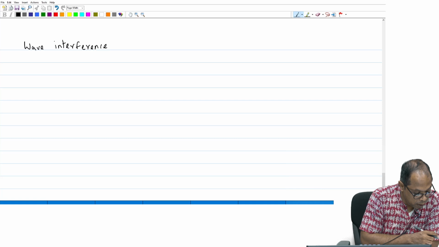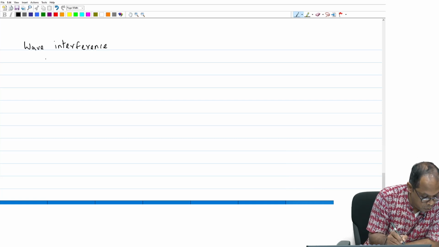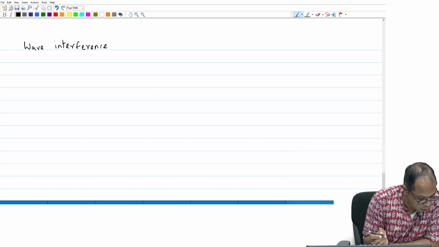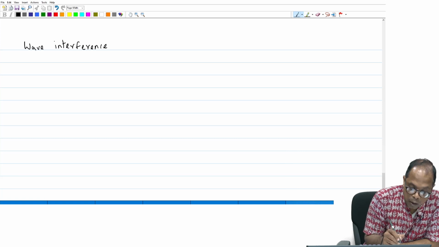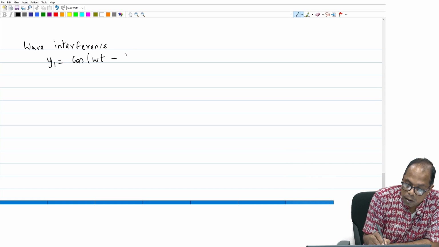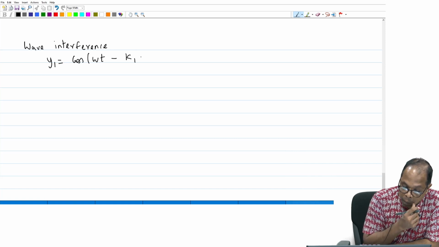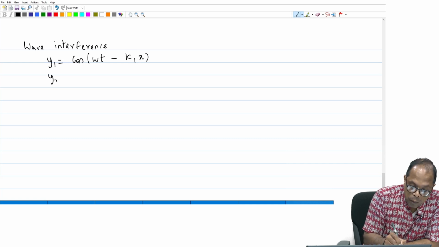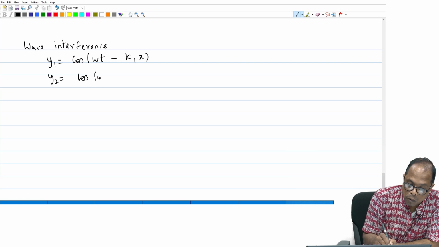Now let us say you have two waves. Here y1, I'm going to use a cosine wave: y1 is cos of omega t minus k1 x, and then y2 is cos of omega t minus k2 x.